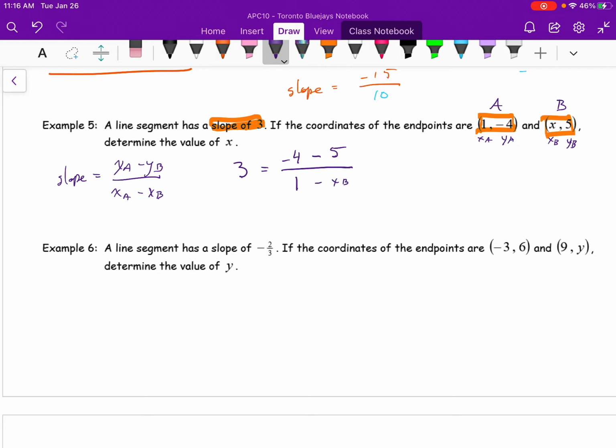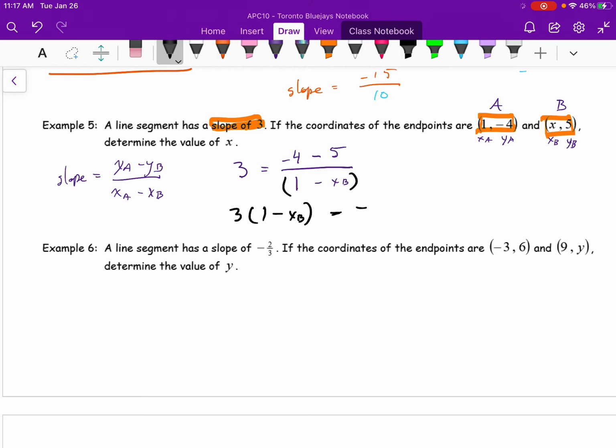Now I've actually done something not too great here, but it's okay, because the less I plan ahead, the more trouble I'm going to get in. I'll explain this a little bit later. So now, how can I do this? Well, I'm going to multiply both sides of the equation by 1 minus XB.